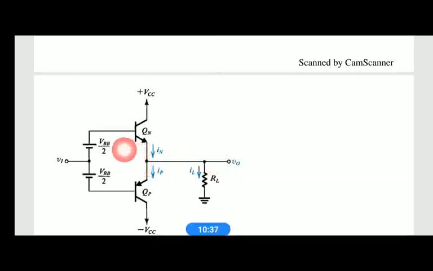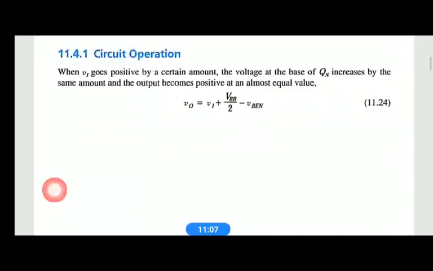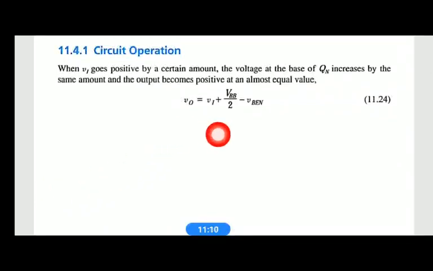This is the direction from base to emitter, and you are going in the reverse direction, so you have to take it negative, minus VBE. Then, sorry, V naught plus VBE minus VBB by 2, because minus plus you have to take, and minus Vi, which will give you V naught equal to Vi plus VBB by 2 minus VBE n, right.